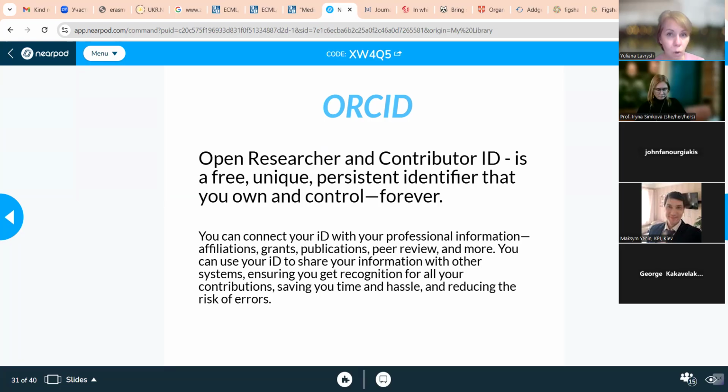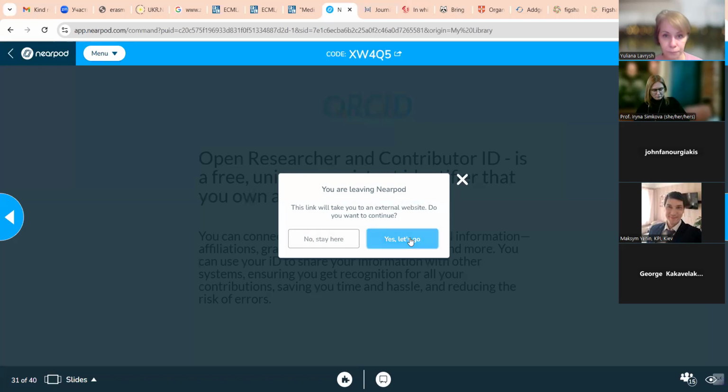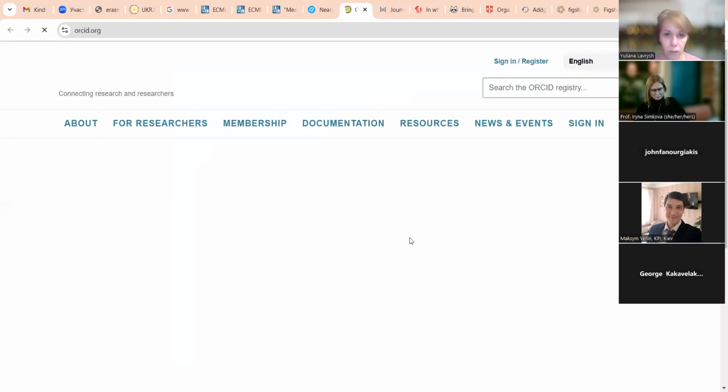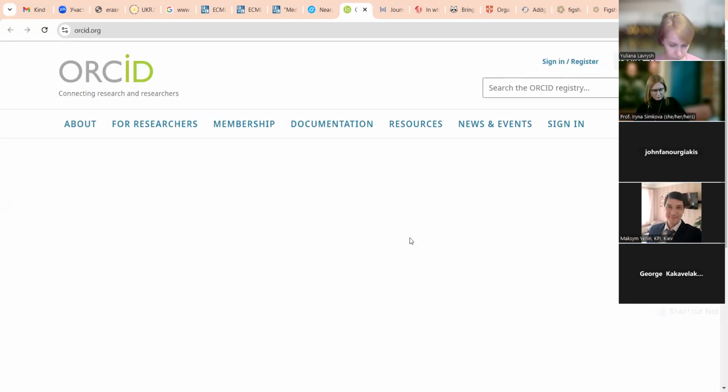And almost all scientists have this ORCID. If you still don't have it, please do it. Register on this platform. It is your unique ID, a persistent identifier of open science.